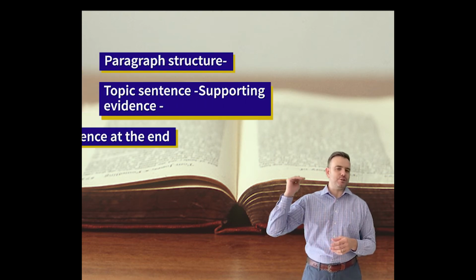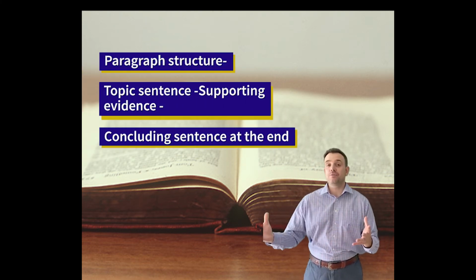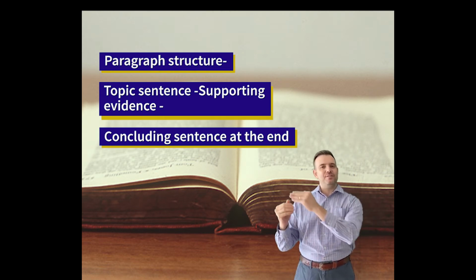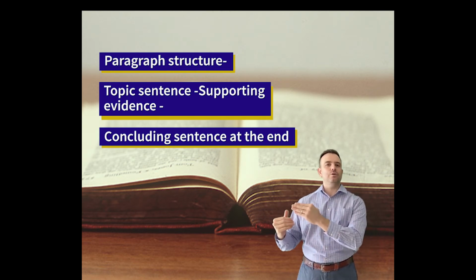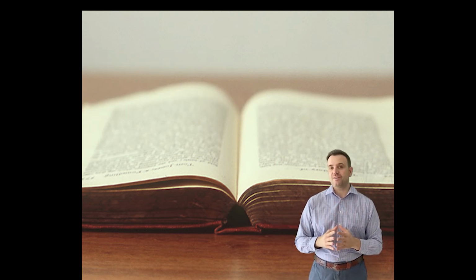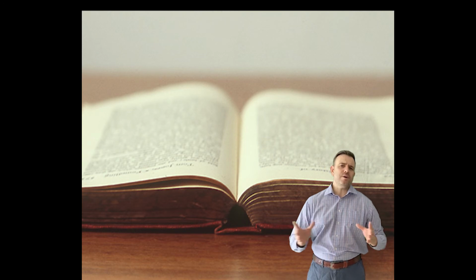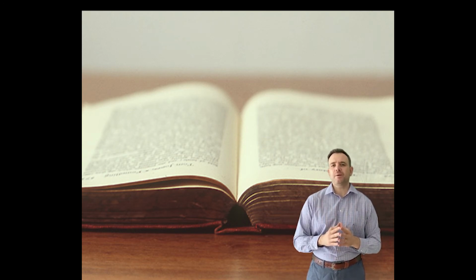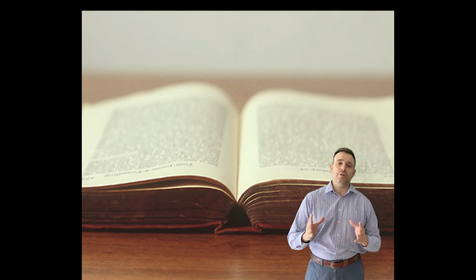You still need your topic sentence. Tells the reader what your paragraph's about. Then you'll have your supporting evidence, and then you'll have your concluding sentence at the end, which summarizes what you are saying. Okay, so let's have a look at how to do a summary, and we'll have a look at a good example of a summary.